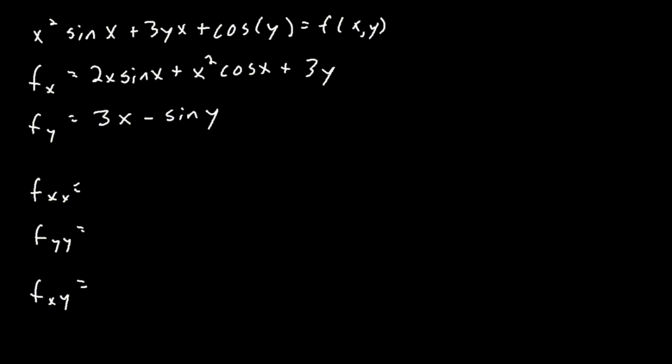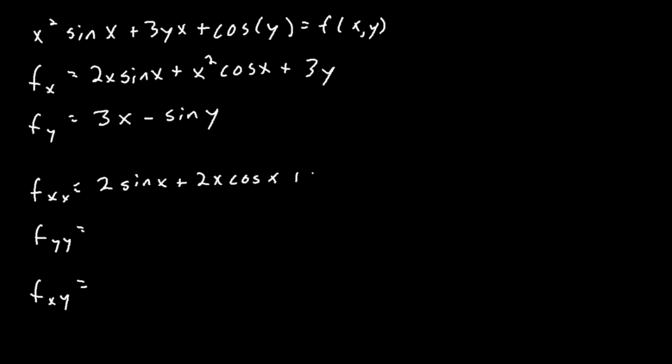So now we have our single order partials. We just have to derive the partials again. So we have to derive this again. Again, we have to use product rule. 2x cosine x. So this derivative right here is this derivative. Plus x squared.